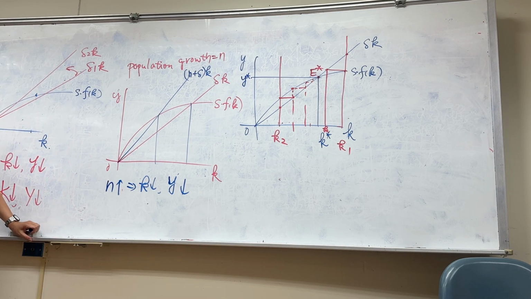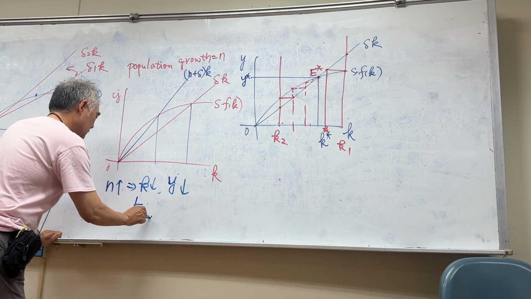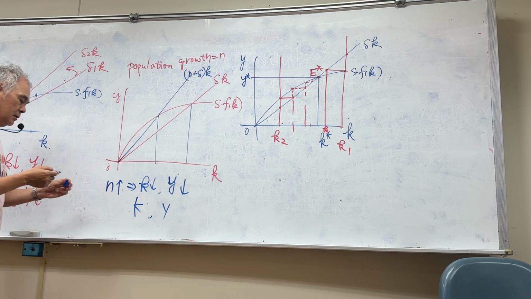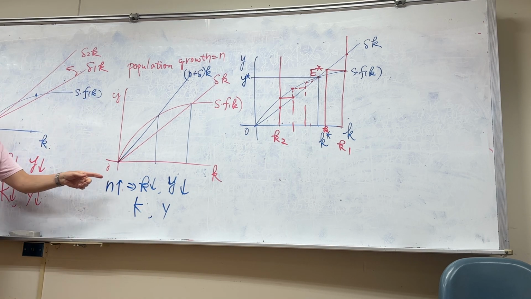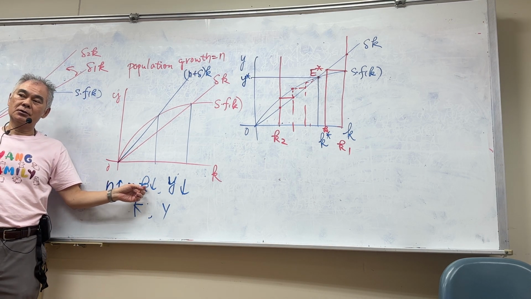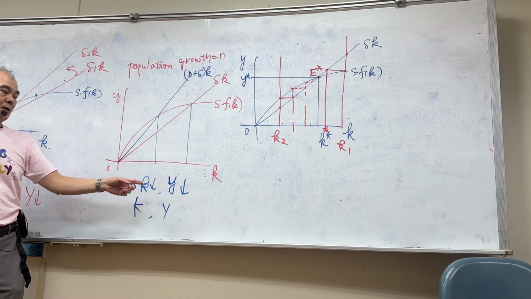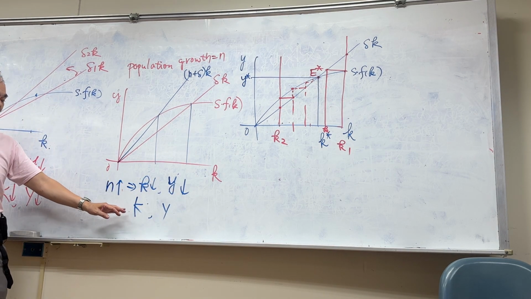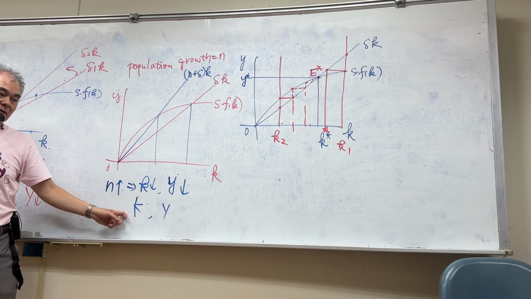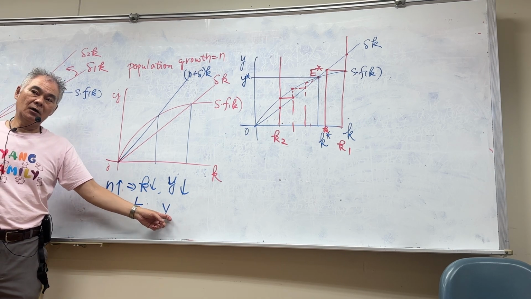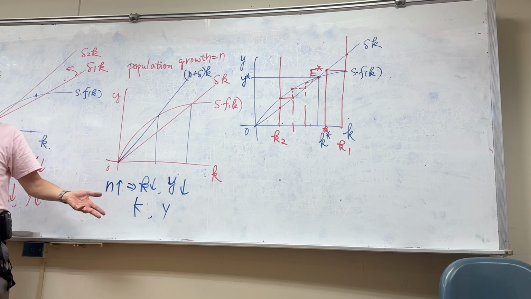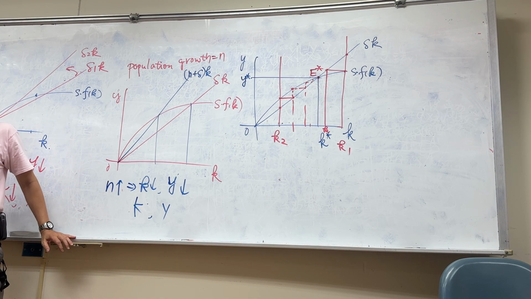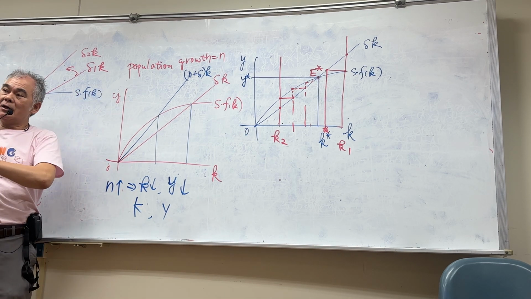Okay, but what about big K and big Y? Because we know capital per person will go down, production per person will go down. But what about the total amount of capital, total amount of production? Because in this case, we are not sure. Why? Because you have population going up.